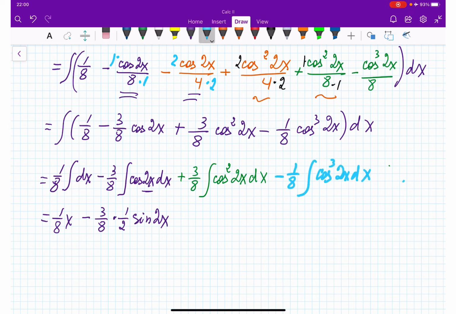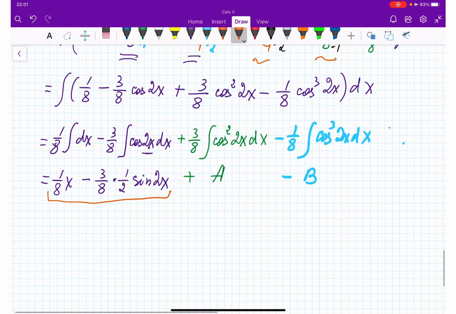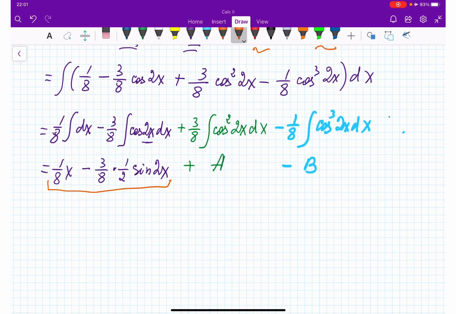So this is going to be minus b. This is going to be plus a. And I'm going to work out a and b separately, because these two are a separate story. So we have this piece ready. We leave it alone for now, and I'm going to work with part A and B.